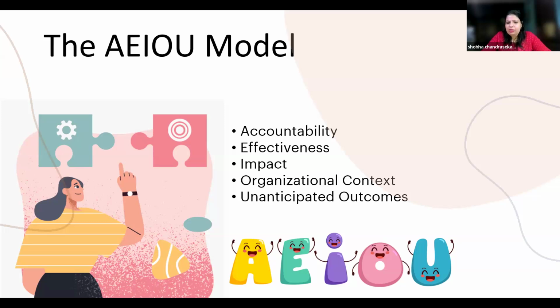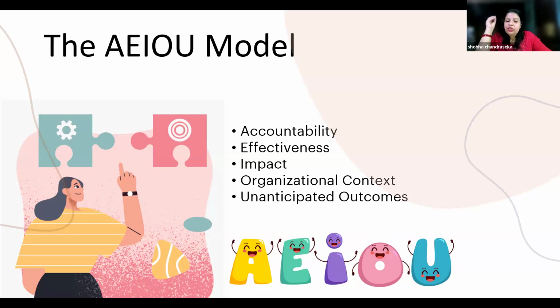It's particularly valuable when evaluators want a holistic view of the program's performance, including any unexpected outcome or result that might have come out. So each component of the model serves as a lens through which the program is assessed. Let's start with accountability.